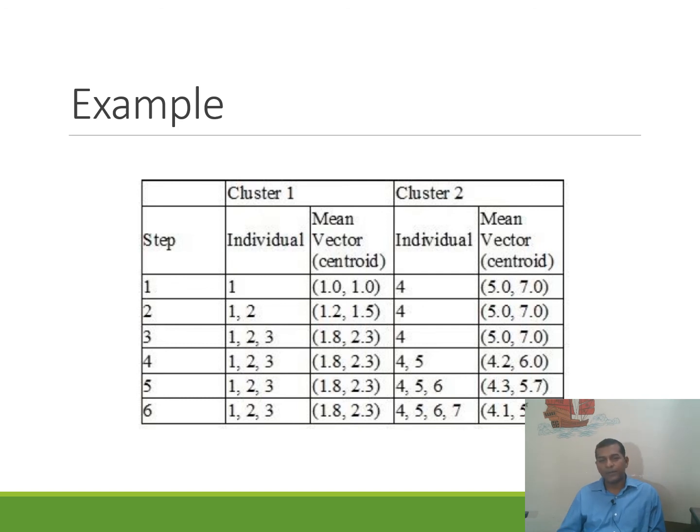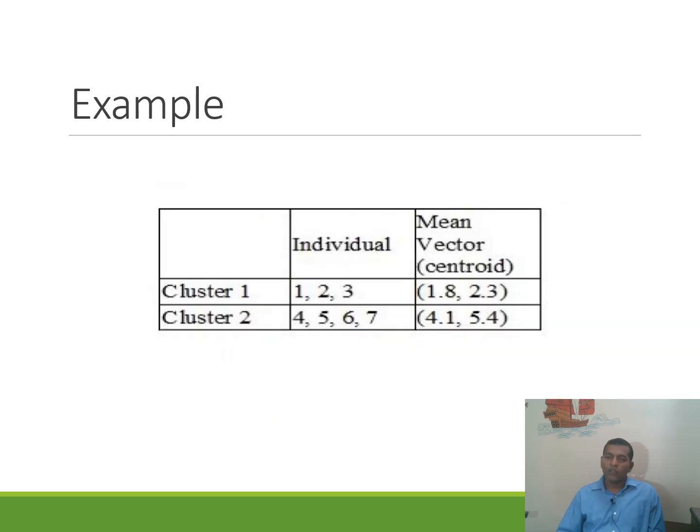This may happen, so the clusters, boundaries, and positions of the objects will change from one cluster to another. According to that, we get clusters like this. Cluster 1 has elements 1, 2 and 3, and the centroid is this, whereas cluster 2 has elements 4, 5, 6 and 7, and the centroid is this.